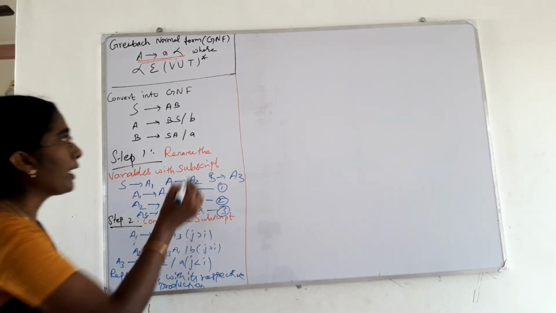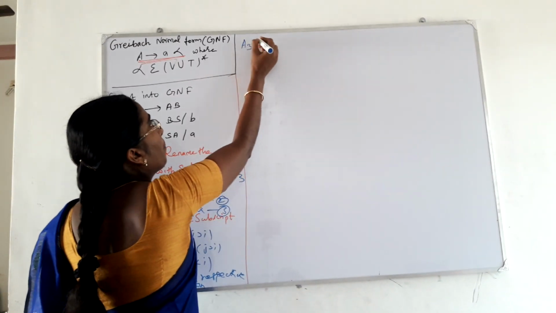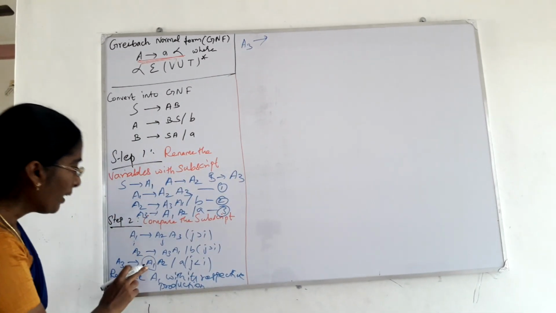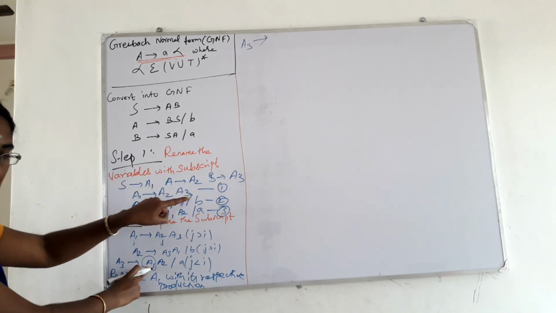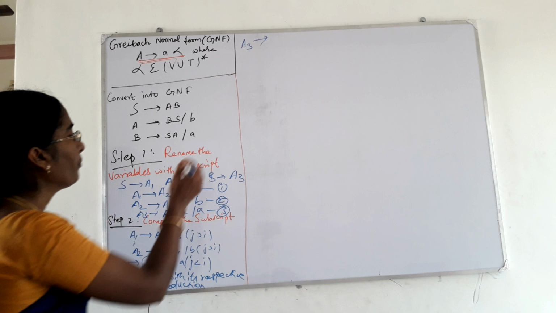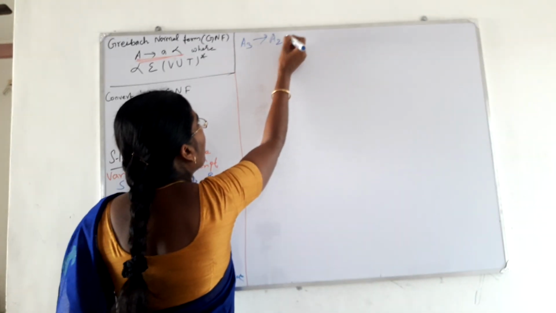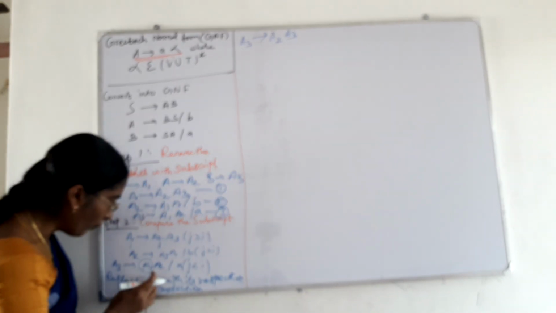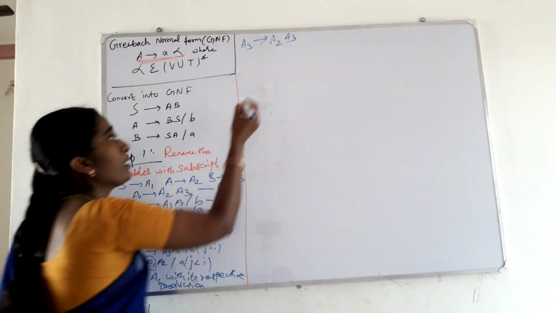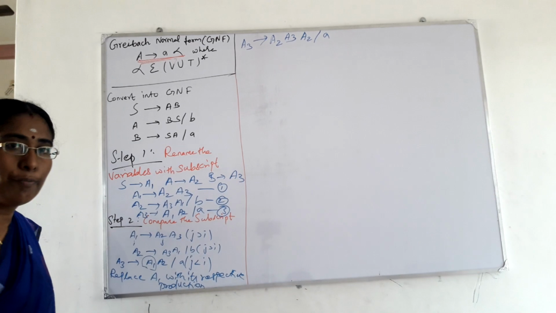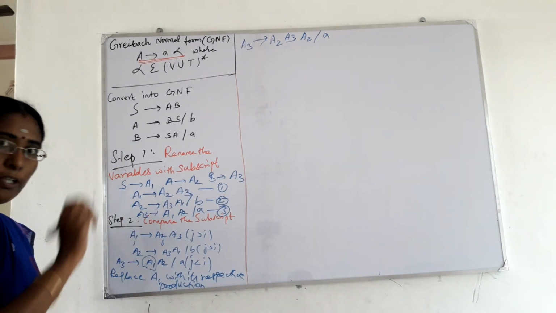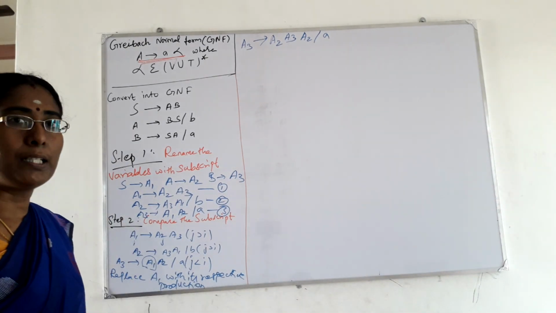So the A3 production will be A3 implies, here replace A1 with its respective production. Instead of A1 we replace it with A2 A3, so A2 A3 A2, and already here we have A2 | a. This is the production for A3. Next, again compare the subscripts.